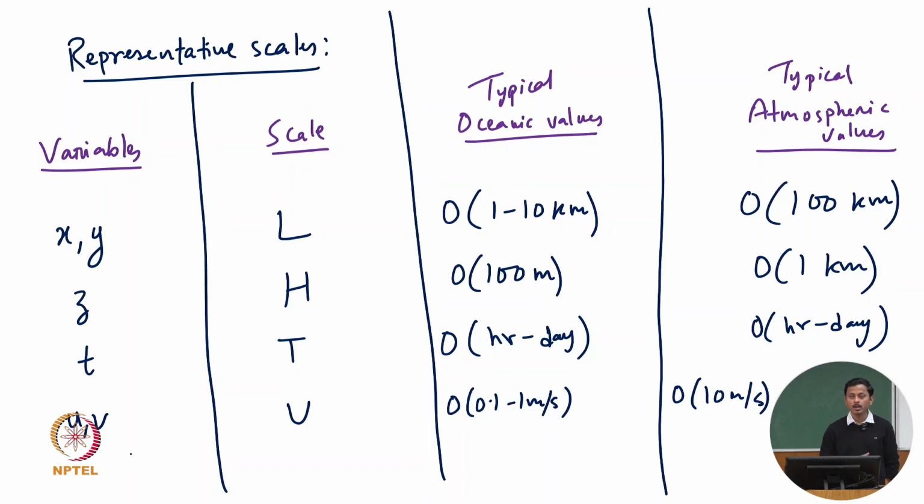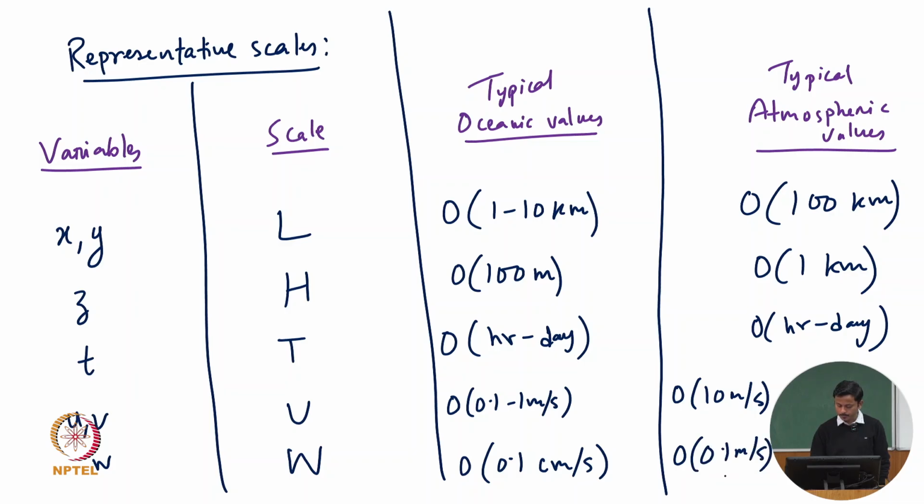If there is a cyclone, if there is a strong ocean eddy, it will have much higher velocities. And w is the vertical velocity. This has a corresponding scale variable which is capital W, and this is order of 0.1 centimeters per second, whereas for atmosphere this is 0.1 meters per second.